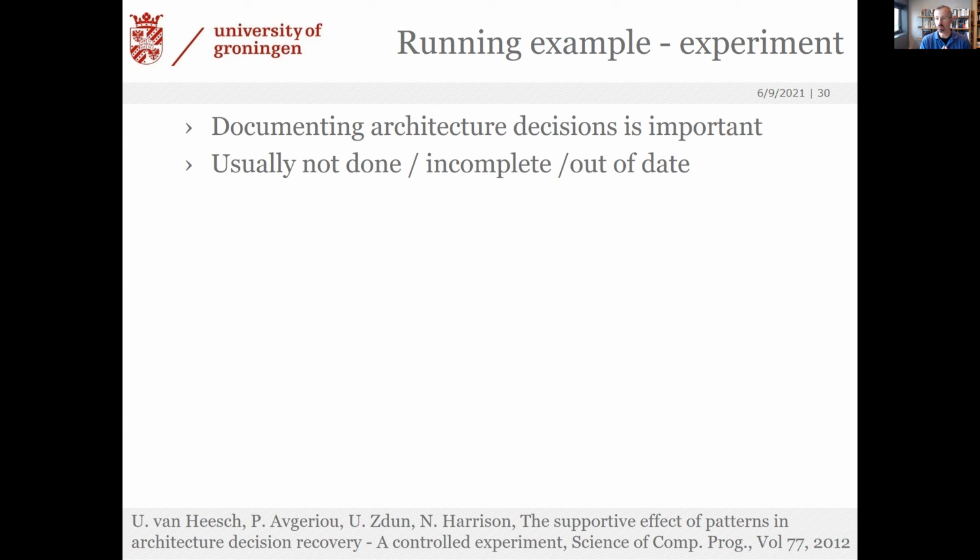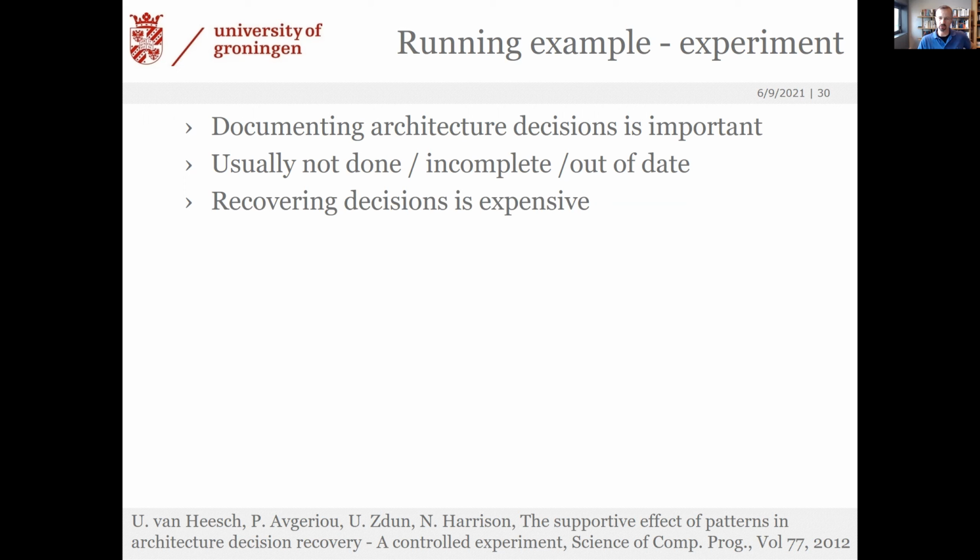However, we know very well from literature that decision documentation is usually not done, or it's not complete, it's only partial, or it's out of date. So people don't actually go back to the decisions they documented to keep them up to date along the system evolution. And of course, you can recover decisions, but that's expensive.